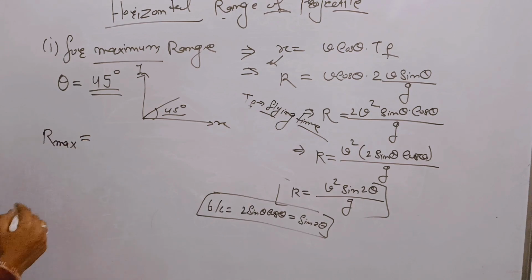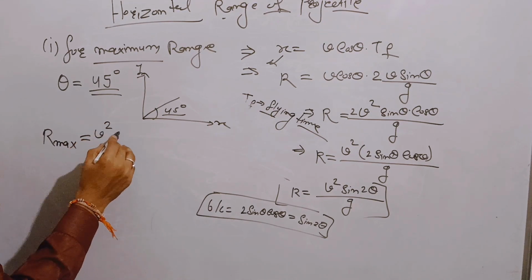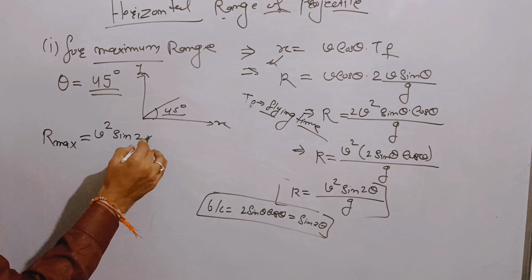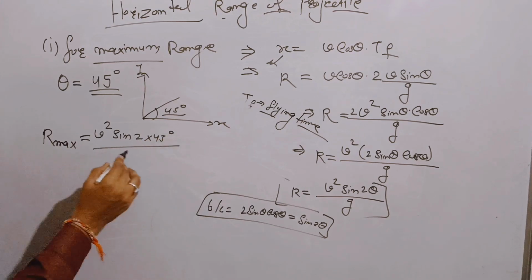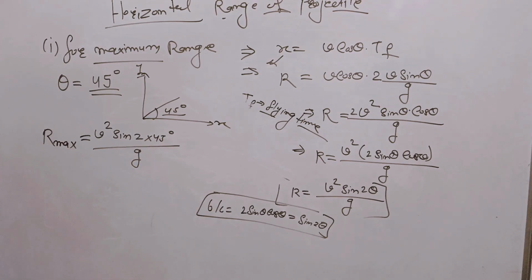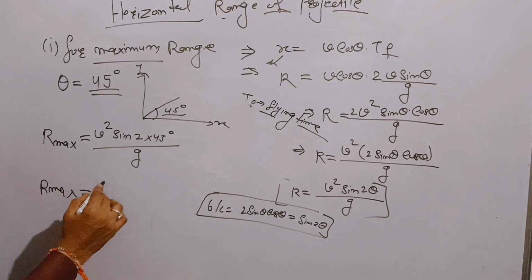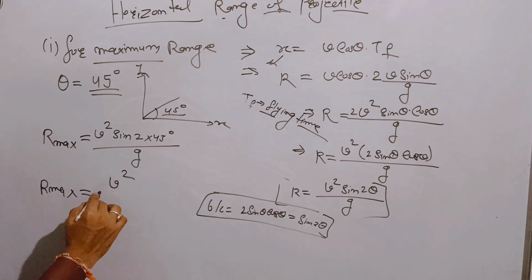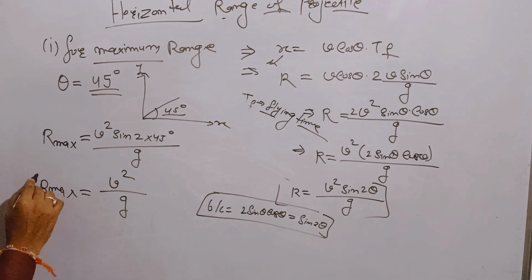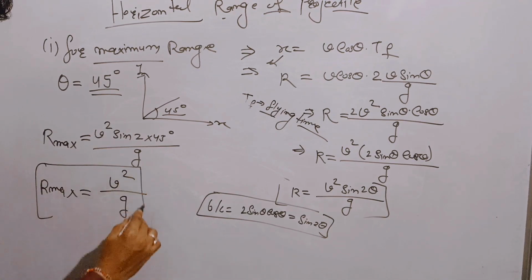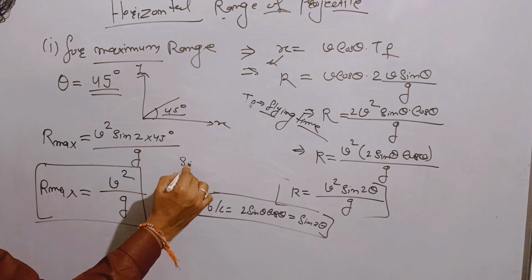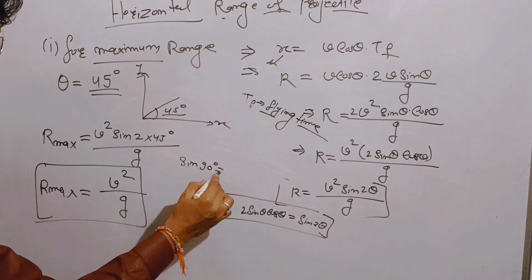And R maximum is equal to v square sin 2 into 45 degrees upon g. So R maximum is equal to v square upon g, because sin 90 is equal to 1.